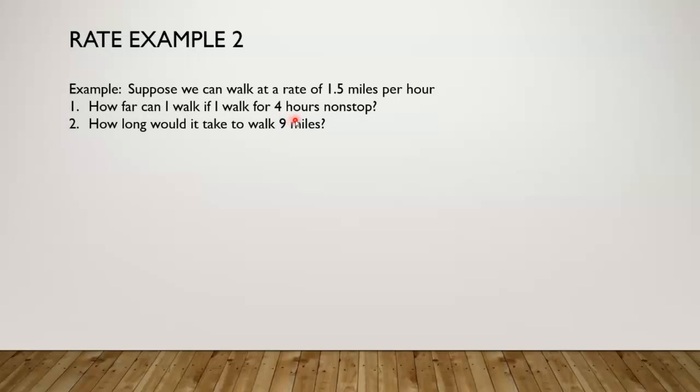Well, just like in the previous example, we should probably get the rate first, and that's what I'm doing here. 1.5 miles per hour. Notice we actually do have a unit rate. How do I know that? Because the denominator is 1 hour.